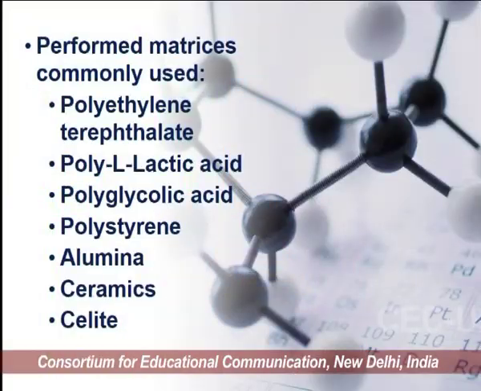Now here is a list of certain preformed matrices that are commonly used, like polyethylene terephthalate, then poly-L-lactic acid, polyglycolic acid, polystyrene, alumina, ceramics, and silicate as a preform matrix for immobilizing the cell.